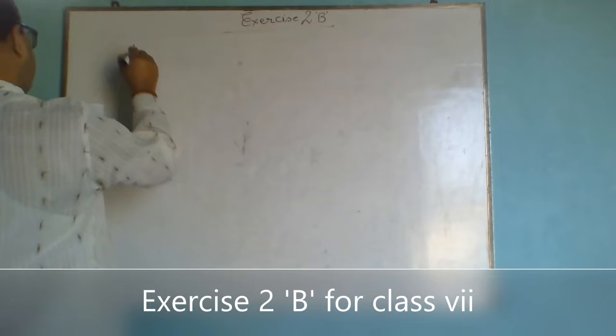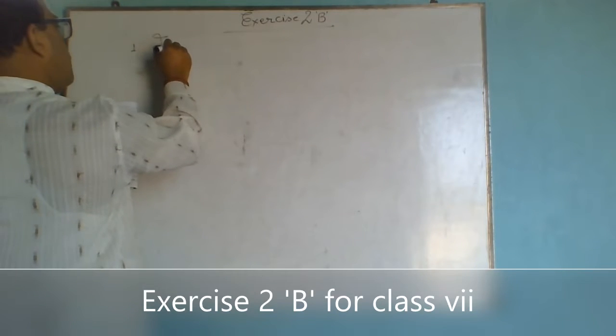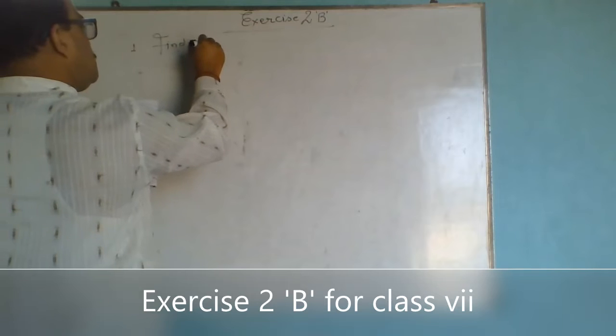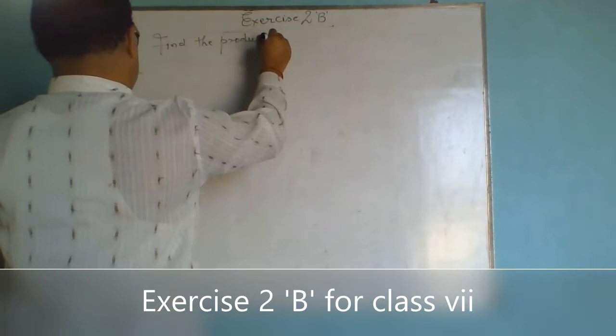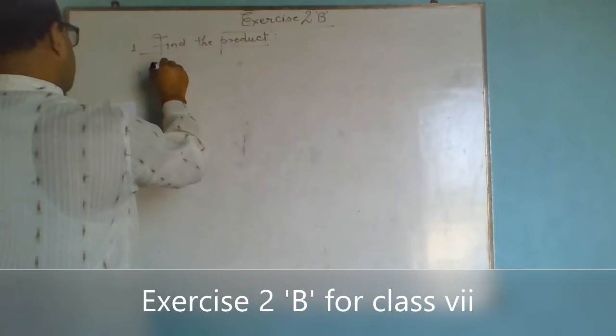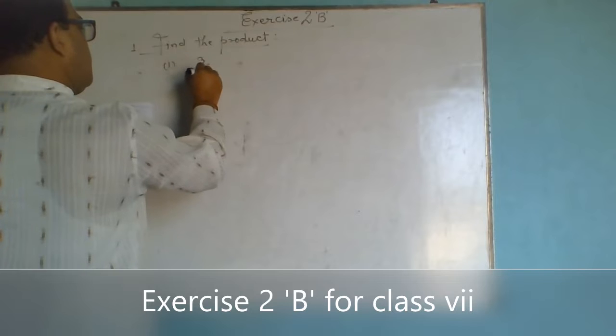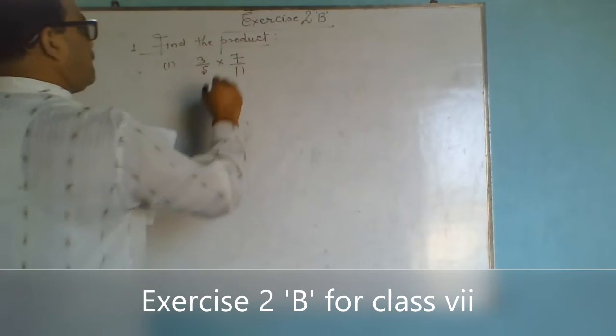Question number 1. Find the product. 3 by 5 into 7 by 11.